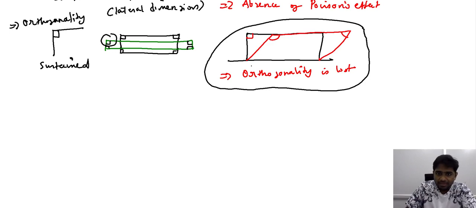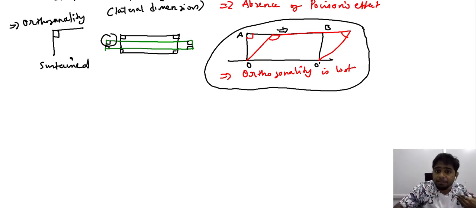Supposing we have fixed our sample at points O and O prime, and this is the corner A and B. What we observe is a noticeable change in the material in response to the shear load that we have imposed.